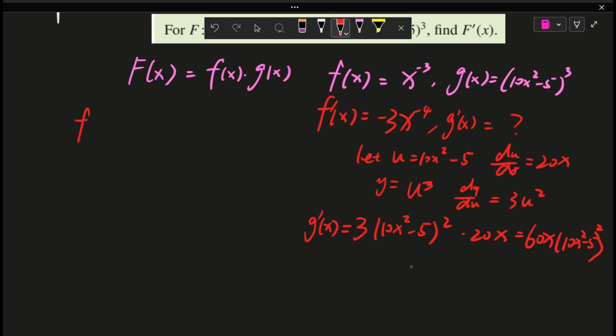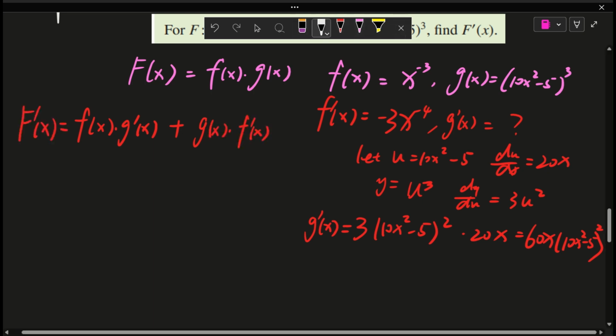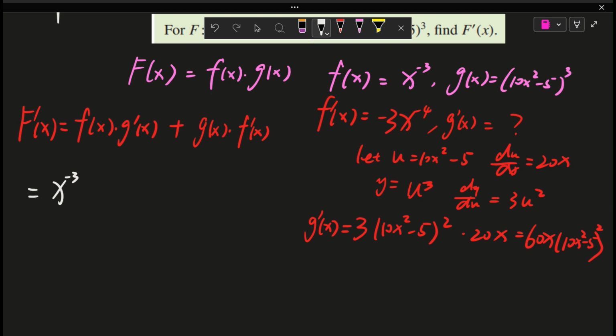So we know f(x) times g dash x plus g(x) times f dash x. That's going to be your f dash x equals. So let's write that one. It's not too bad. x to the power of negative 3 times 60x, (10x squared minus 5) squared.